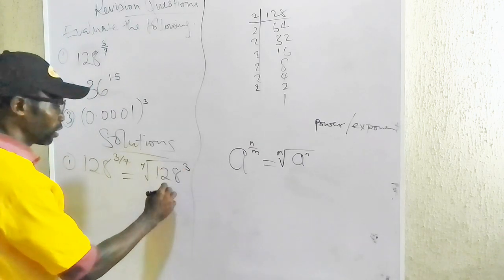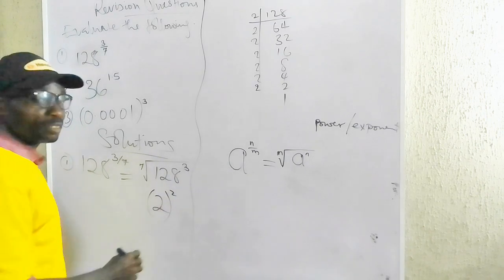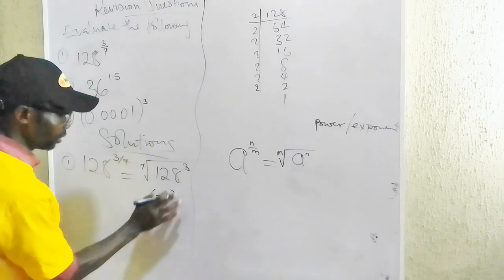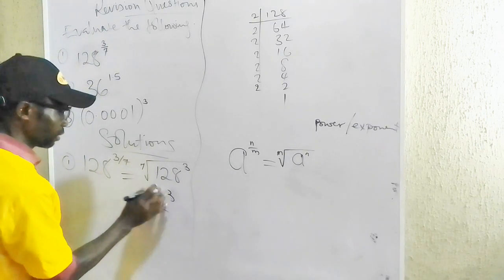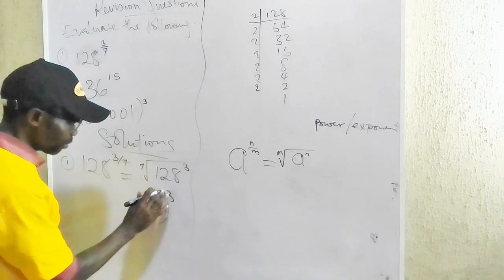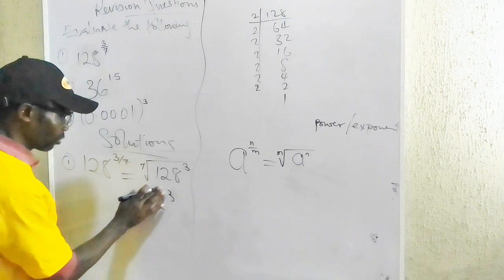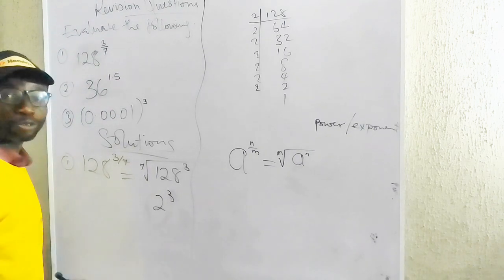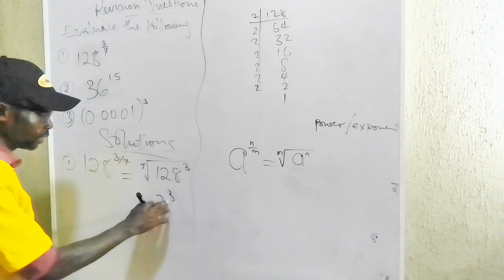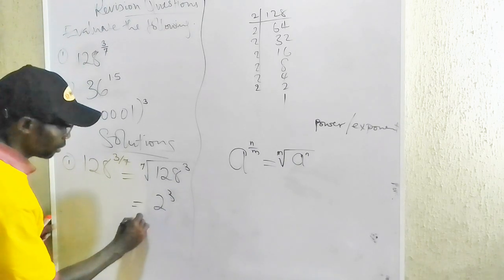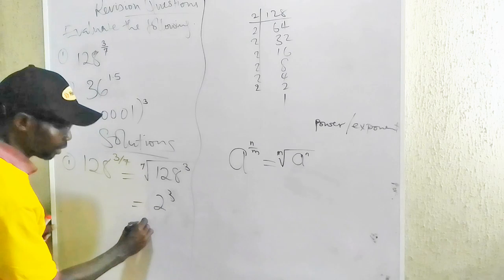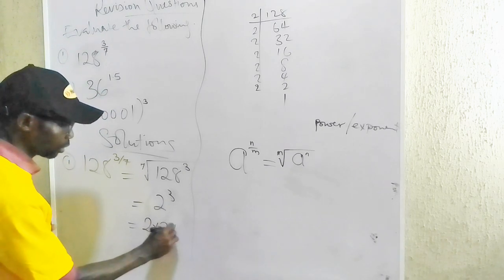But remember, you've not done anything with this 3 yet. So, raised to the power of 3, which is the same thing as removing the bracket and just having the cube of 2. The cube of 2 means write 2 three times: 2 times 2 times 2.